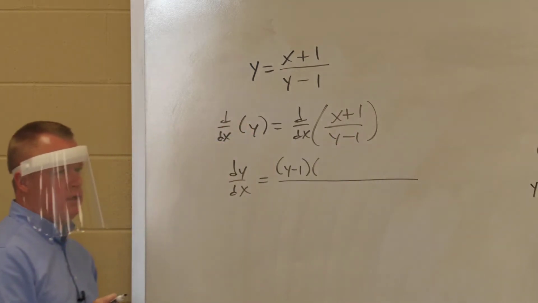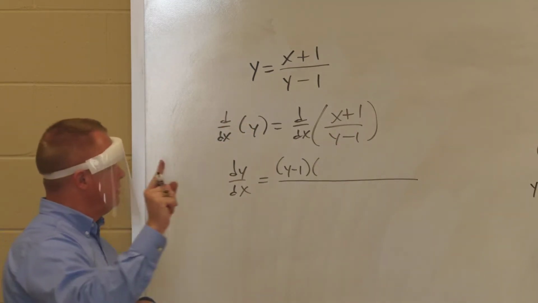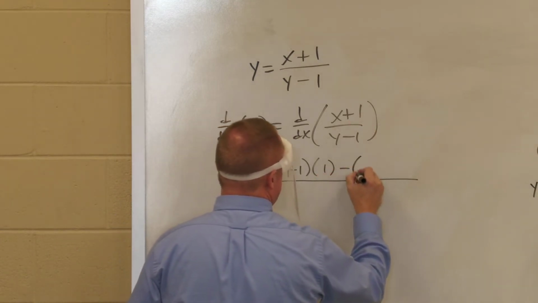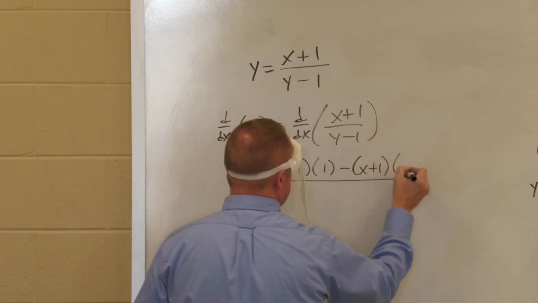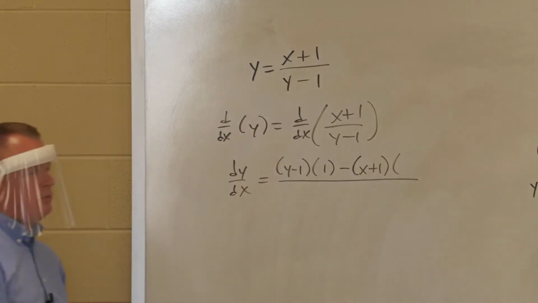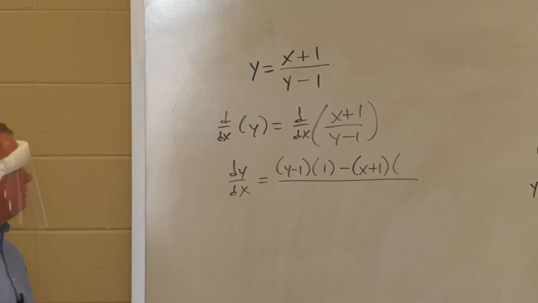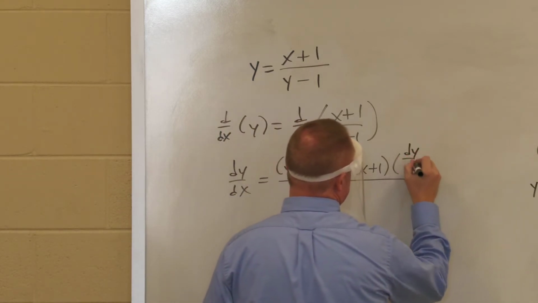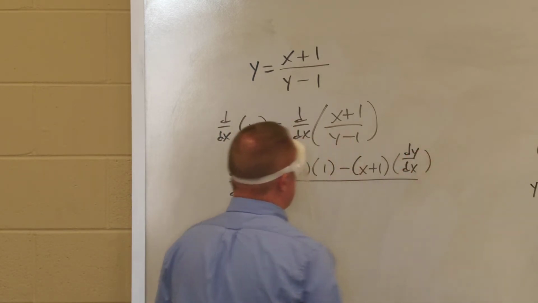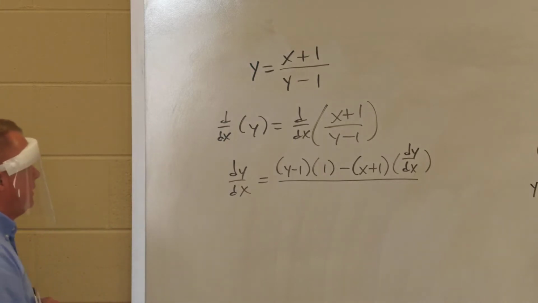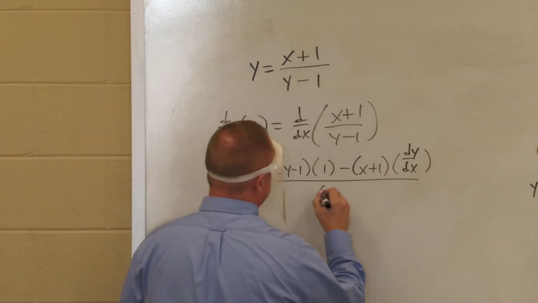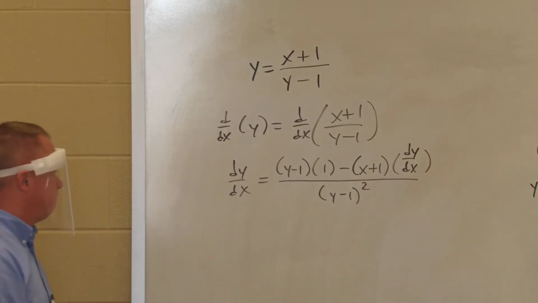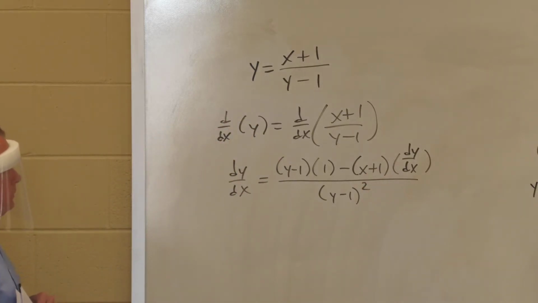Derivative of x plus 1 with respect to x is just 1. Minus the top times the derivative of the bottom. Derivative of y minus 1 would be just dy dx minus 0, okay? Over the bottom squared. Okay? Questions about that?